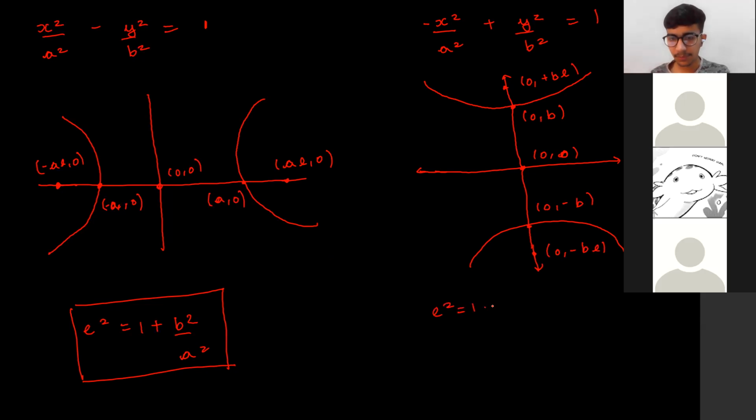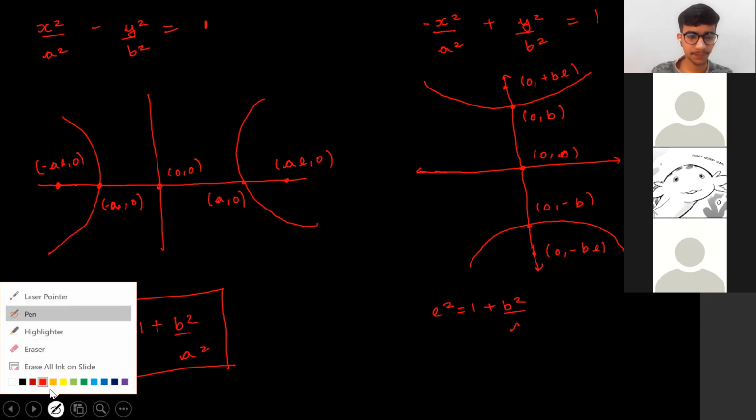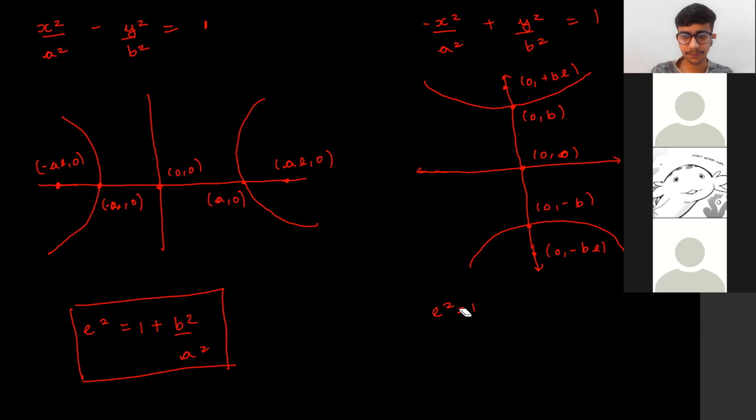So e square is equal to 1 plus a square by b square. Quickly note this down. I'll be back in a minute.